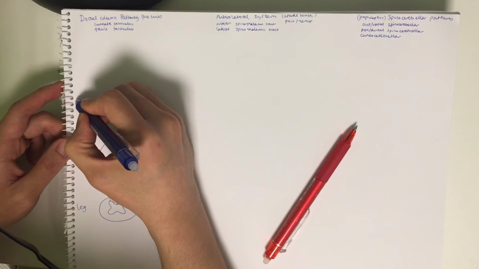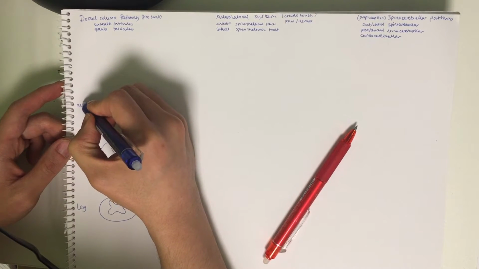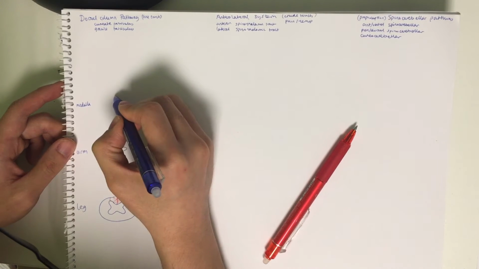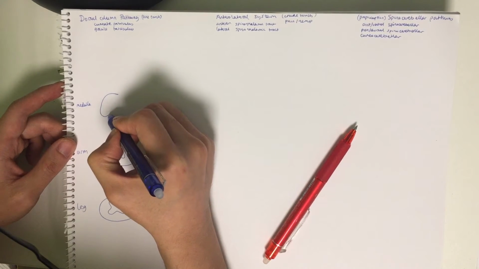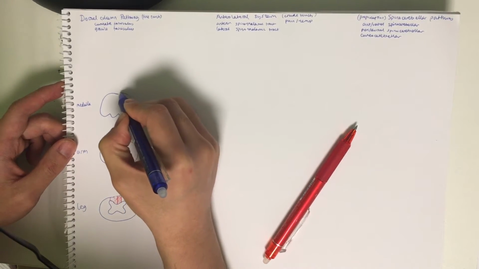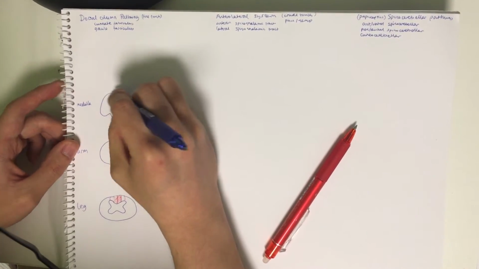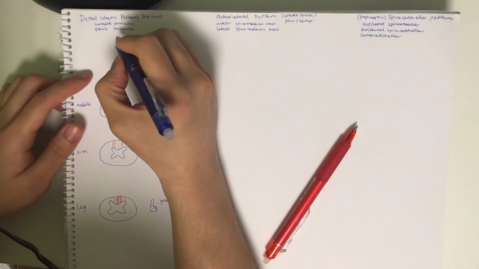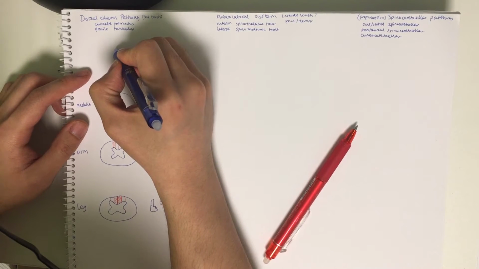The next part I want to draw is the level of the medulla. I'm just going to draw the medulla like this. And then I'm going to draw the brain.